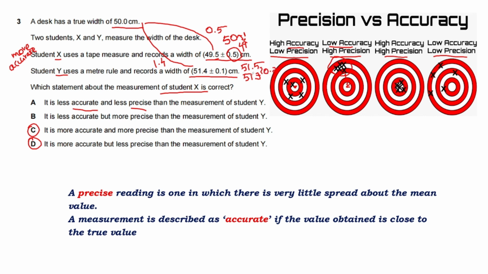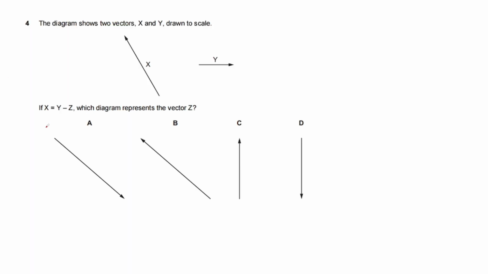These two values are really close to each other, right? So comparatively, student Y measurement has more precision, and student X measurement has less precision. So which one is the correct answer? Out of these 4 options, option D is the correct answer.